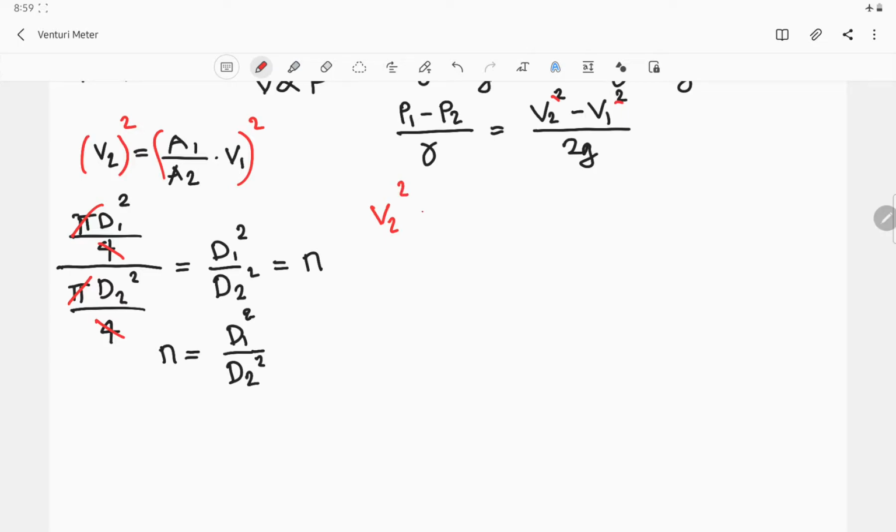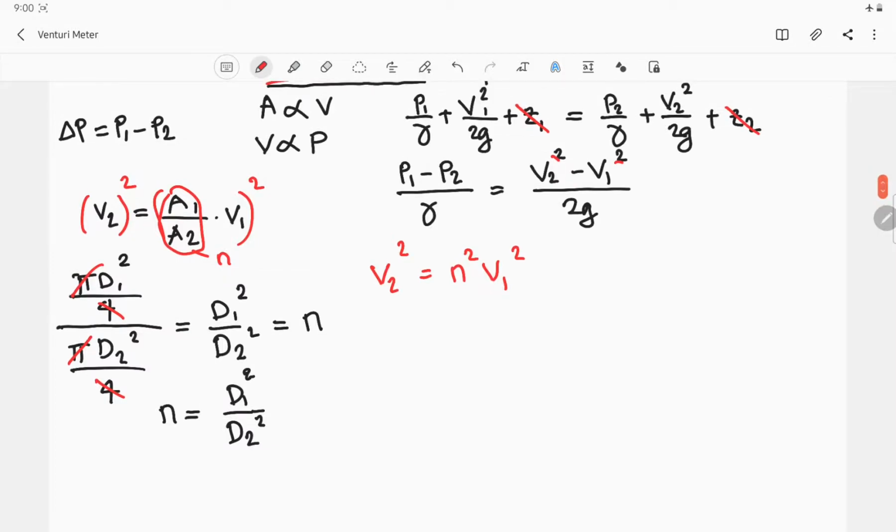V2 squared. So we already replaced A1 over A2 with N, right? So what will happen here is it will become N squared and V1 squared. In that way, we can now express V2 in terms of V1.